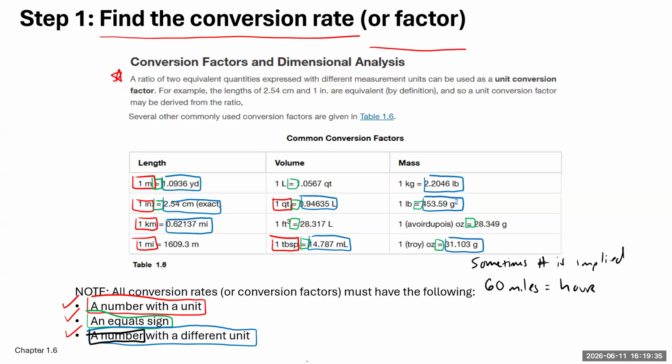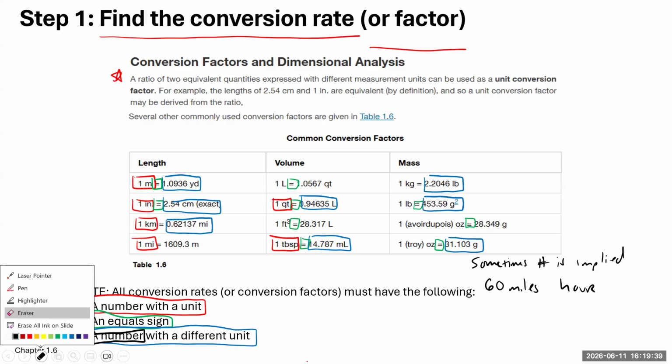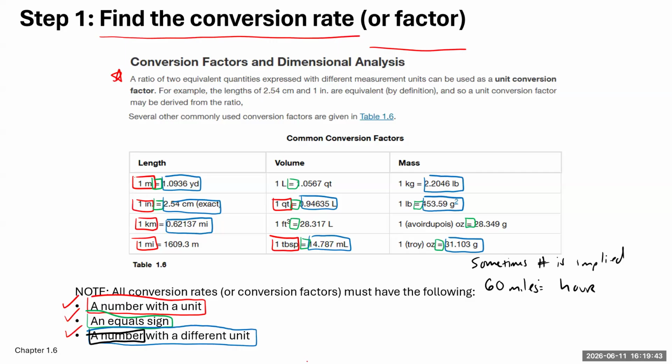But we all know when we're talking about this that that hour is one. We don't say, oh, we drove 60 miles and the rate of speed is 60 miles per 4 hours, right? There's an implied 1 hour.